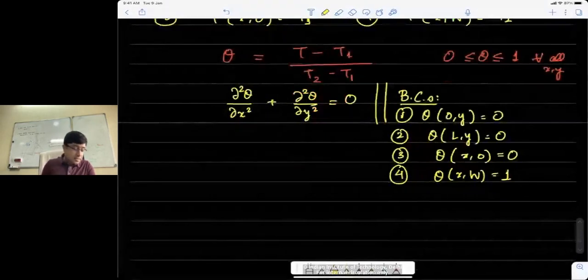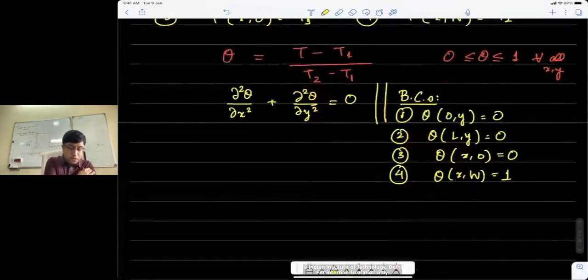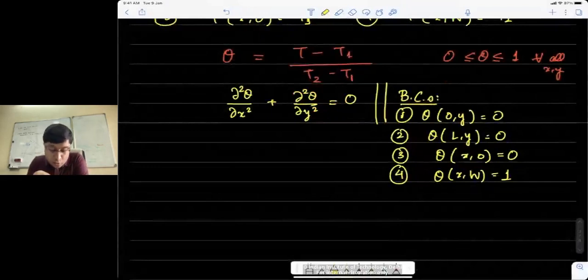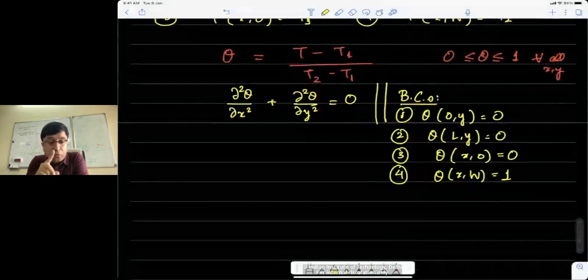So I've homogenized three boundary conditions. So we have these homogeneous boundary conditions and a homogeneous differential equation, and there is only one non-homogeneous term, which is theta at x comma w is 1.